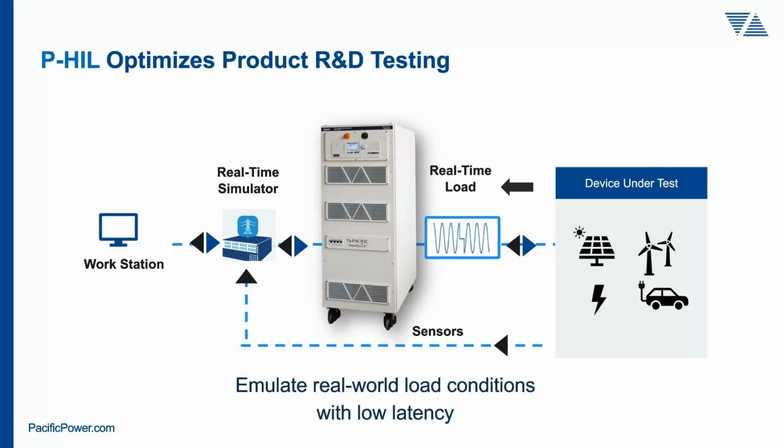Another feature that we offer on the electronic loads that we used here today is the PHIL, or the hardware in the loop interface option. This will allow you to run real-time simulations with a real-time simulator system. It applies to both our electronic loads as well as our AC sources and grid simulators.